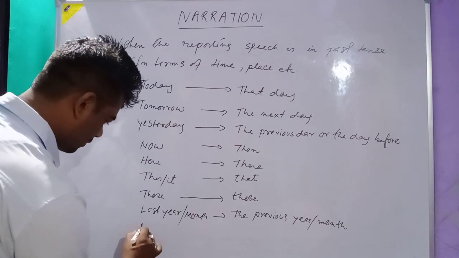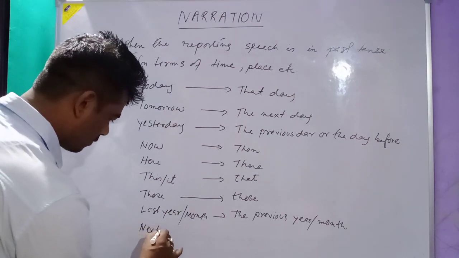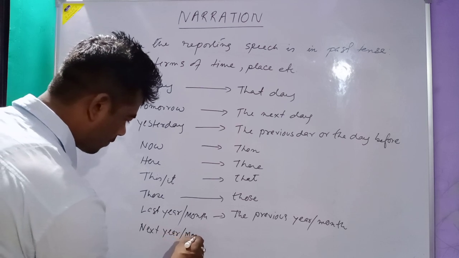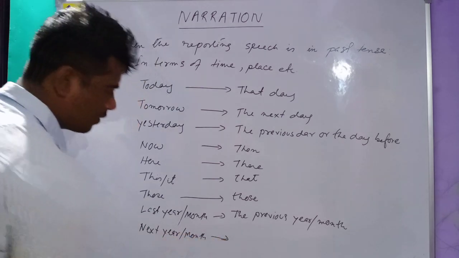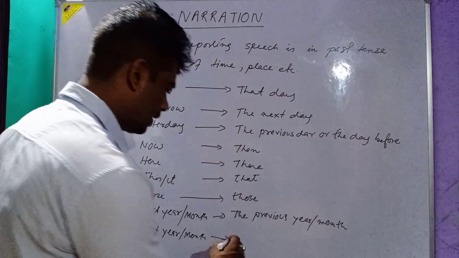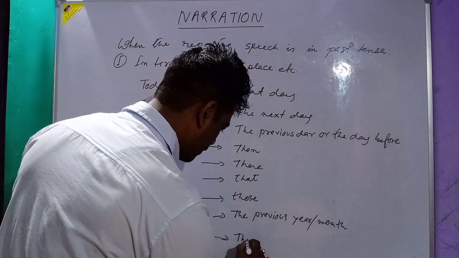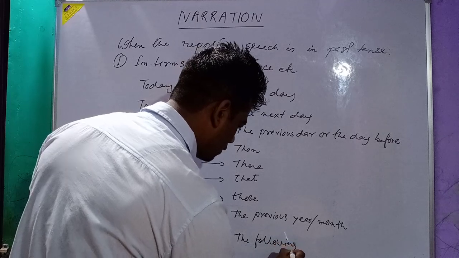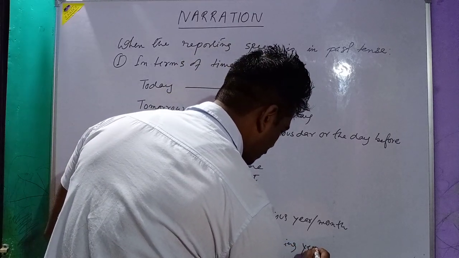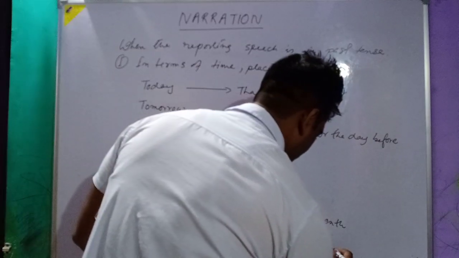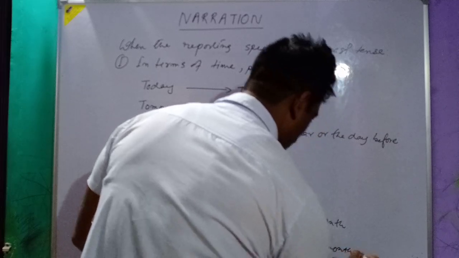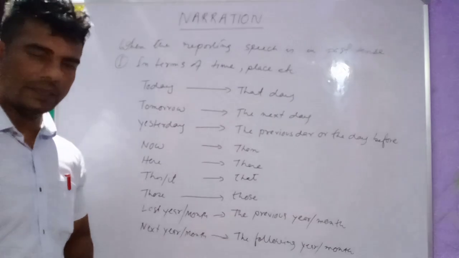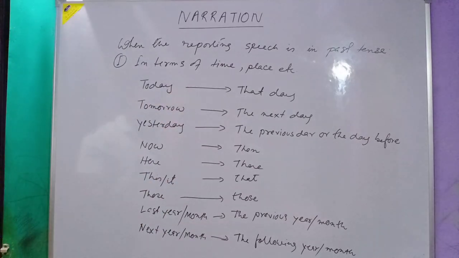Next year or month becomes the following year or month, like this. So these changes take place in terms of time and place.